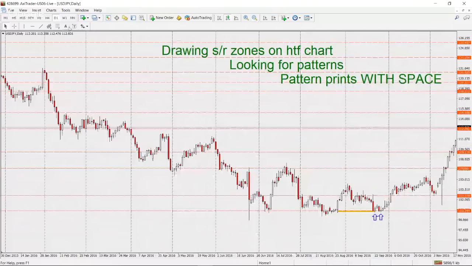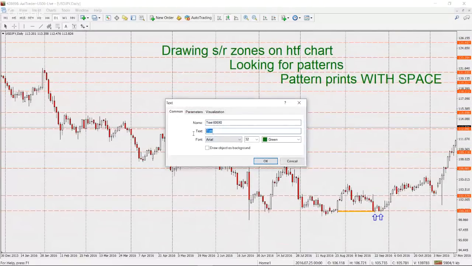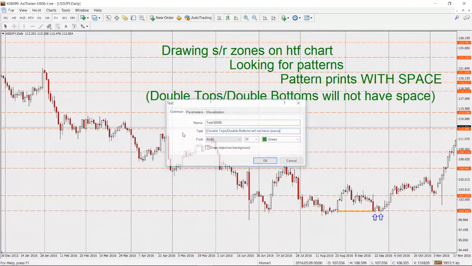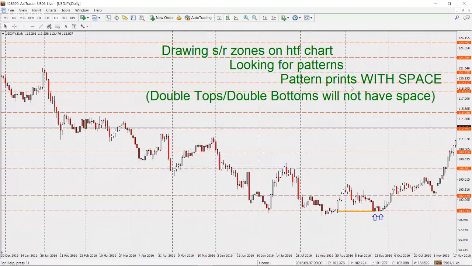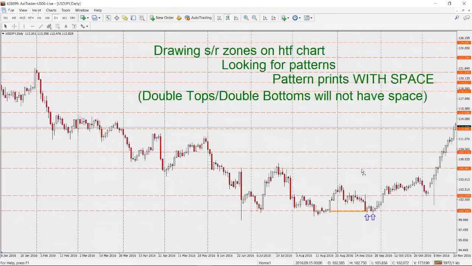If you have a double bottom or a double top, I prefer to trade them as ghost peaks or whammies and moolahs, which basically means they have to fit a certain pattern. Double tops and double bottoms will not have space. Only the first touch will, but the second touch is not going to have space. By definition, it's not going to have much space. Only that first touch. Are there any questions here?